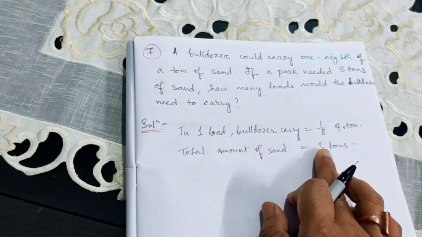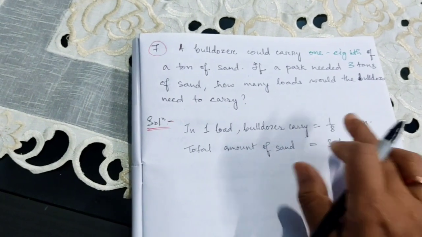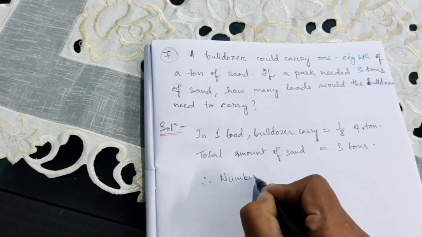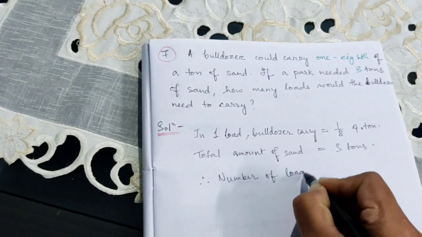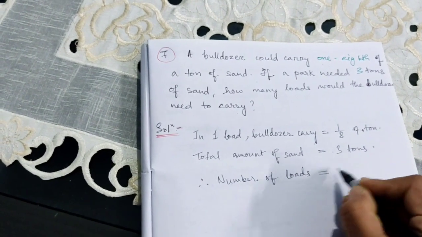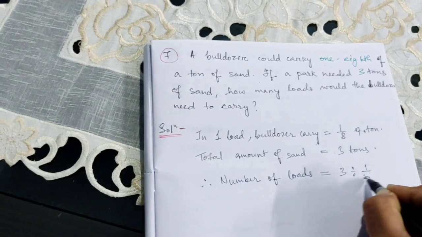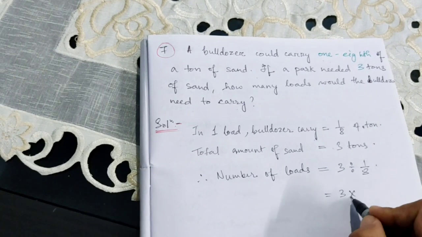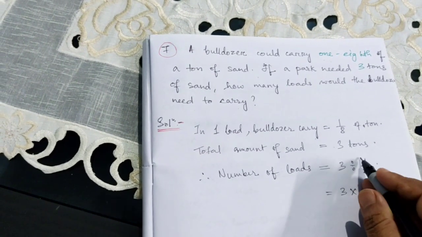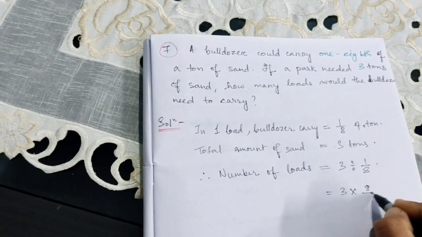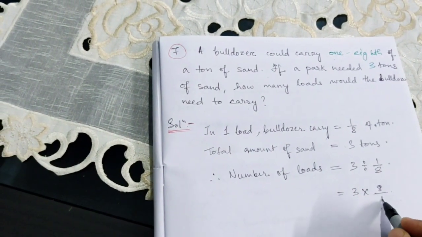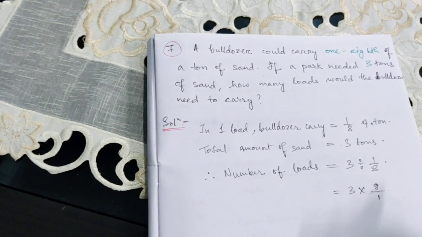So this is the total, and you will have to divide it by 1/8. Therefore the number of loads is 3 divided by 1/8. That means divide will become multiply, and this will inverse. 1 will come to the denominator; in the denominator we don't write 1, we keep it as it is.